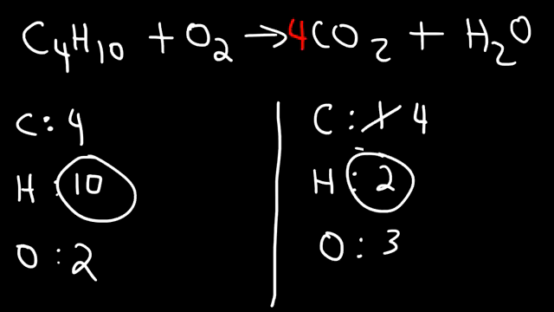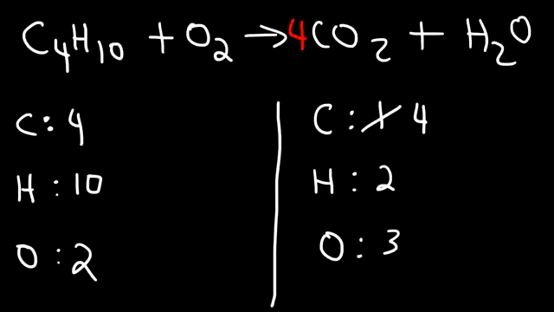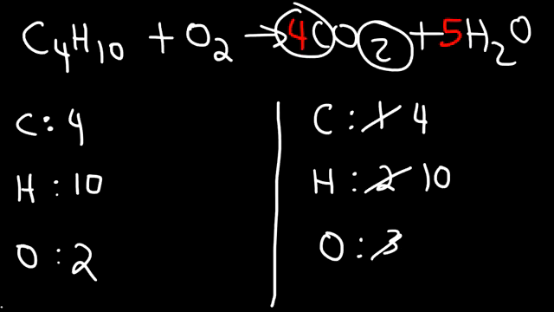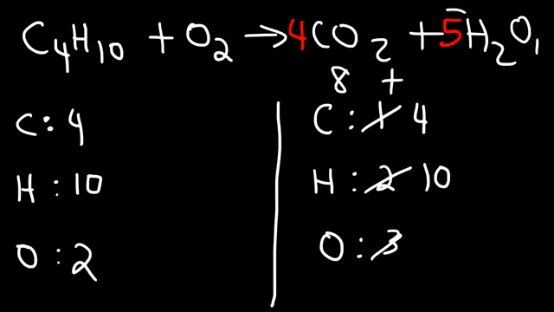So 10 divided by 2 is 5. That tells us that we need to put a 5 in front of H2O. So now we have 10 hydrogen atoms on both sides. Now let's recalculate the number of oxygen atoms that we have. So 4 times 2 will give us 8, and then 5 times 1 is 5.